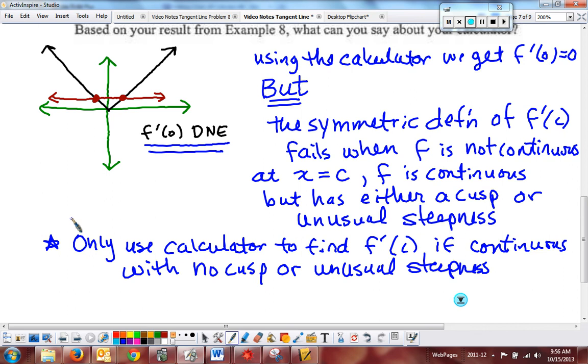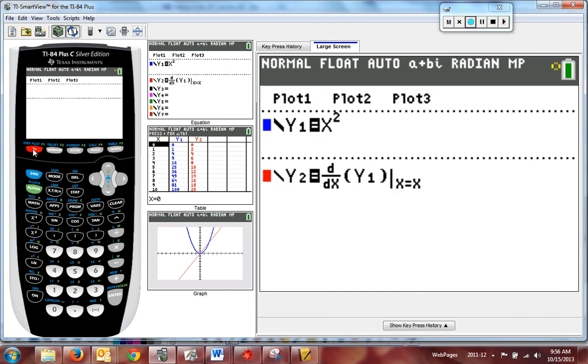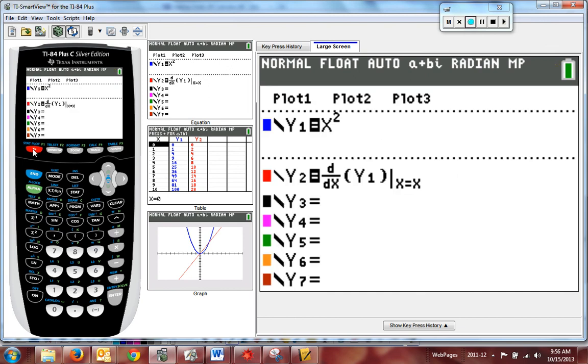Just one last thing to show you why unusual steepness is not going to work. Let's take a look at a nice function we just did on the previous page that had unusual steepness at x equal to 0. Cube root of x. Do y'all know how to put the cube root of x into your calculator? You can do the x root, but you can also just go, a cube root is a power of 1/3.